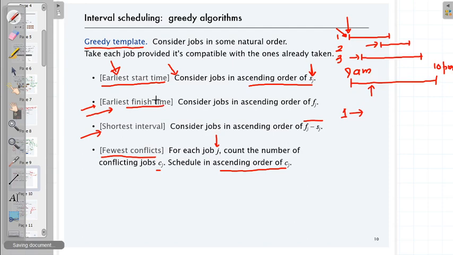Earliest finish time: consider jobs in ascending order of finish time fj.